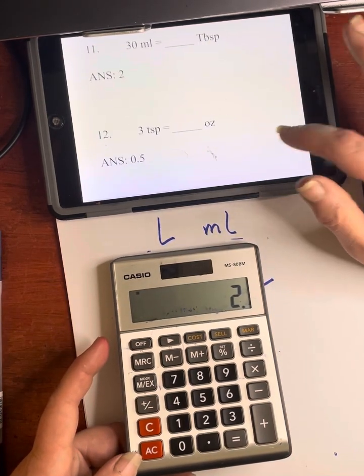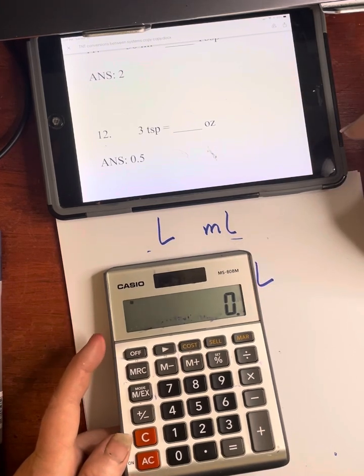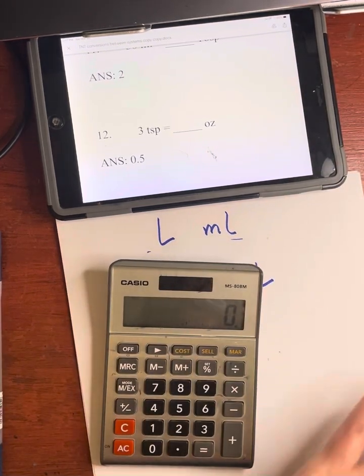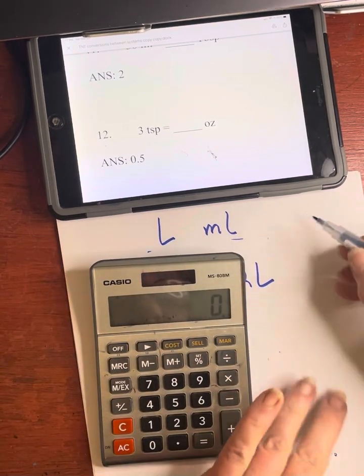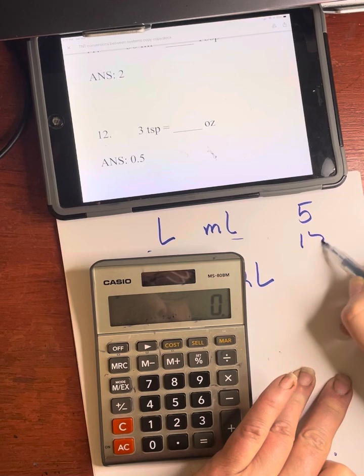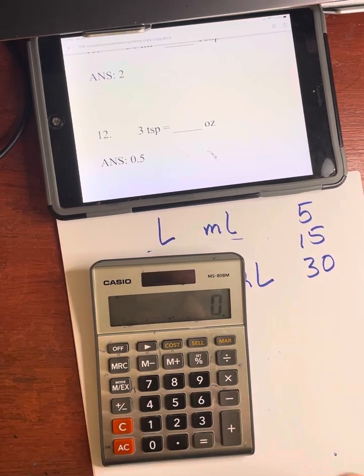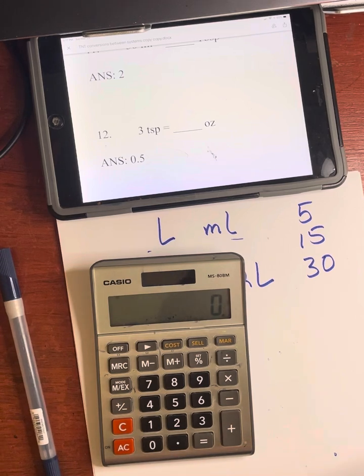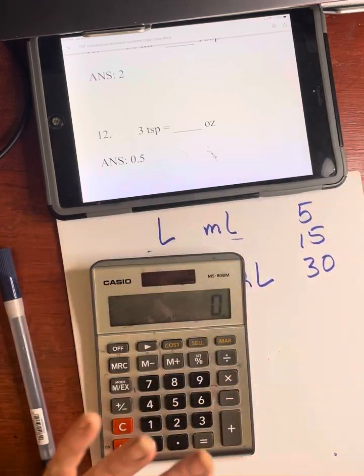If I said teaspoons, forgive me. Sometimes I misspeak. 3 teaspoons is how many ounces? You remember how many milliliters is in a teaspoon? Because look, these are the numbers you have to choose from: 5, 15, and 30. A teaspoon is going to be the littlest one, so a teaspoon will be 5 milliliters.